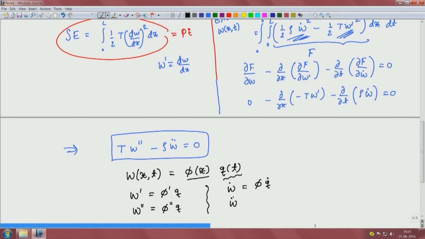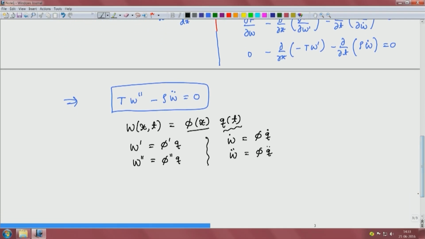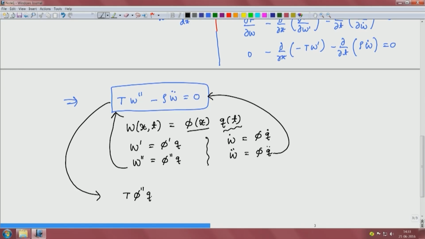Similarly, w double dot will be φ q double dot. If you substitute these results into it, what we get is T φ double prime q minus ρ φ q double dot equal to 0.